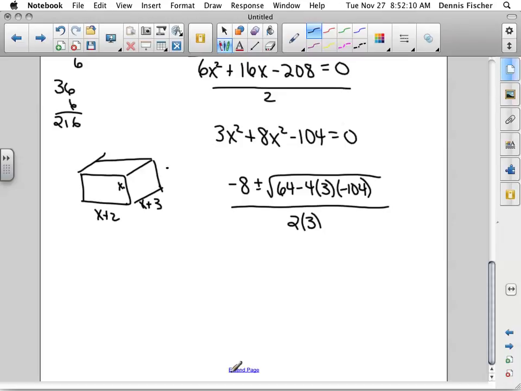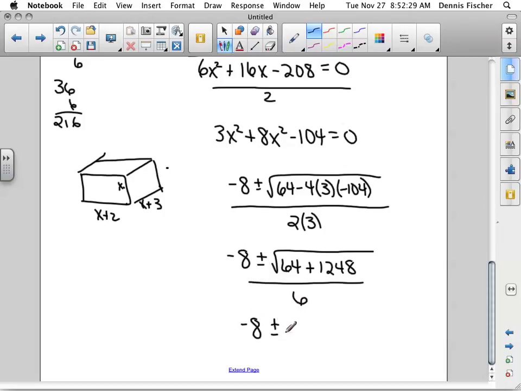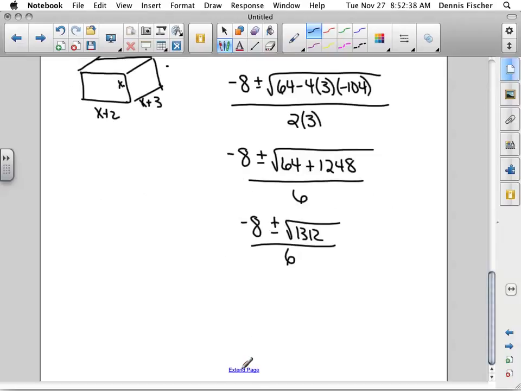From there, I have a negative 8 plus or minus the square root of 64 plus 1248, over 6. So I get plus or minus the square root of 1312 over 6. I might need a calculator to do the rest here.